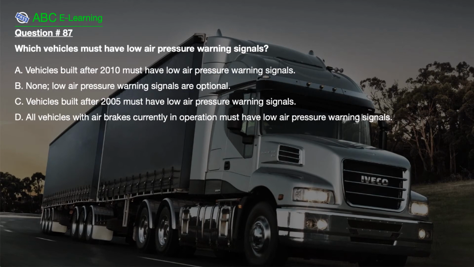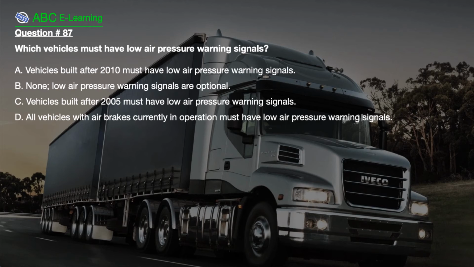Question number 87. Which vehicles must have low air pressure warning signals? A. Vehicles built after 2010 must have low air pressure warning signals. B. None. Low air pressure warning signals are optional. C. Vehicles built after 2005 must have low air pressure warning signals.